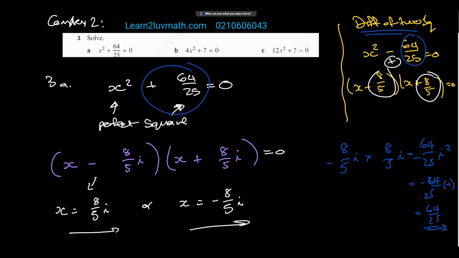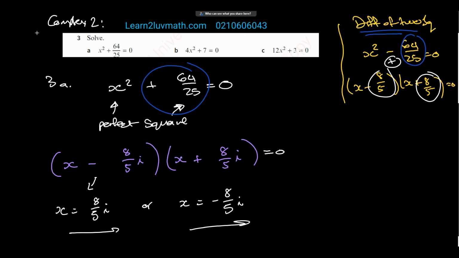All right, is this extra related? So you know what we'll do? Let's multiply this out, right? Let's take this over here and say, okay, if I've got x minus 8 over 5 i, and let's actually multiply that.